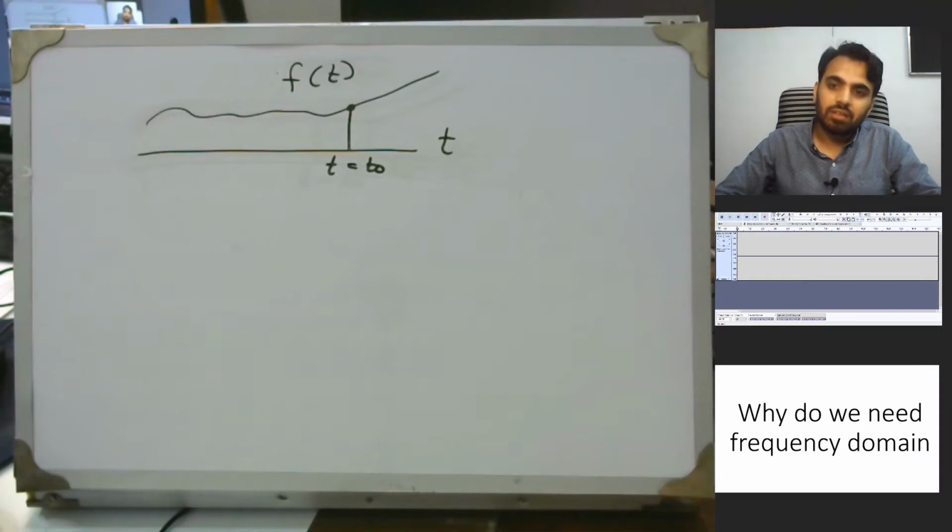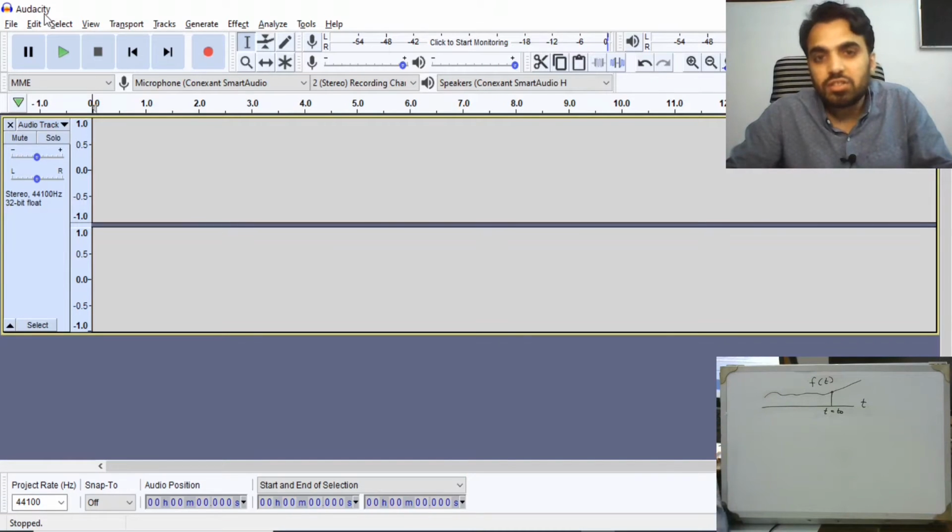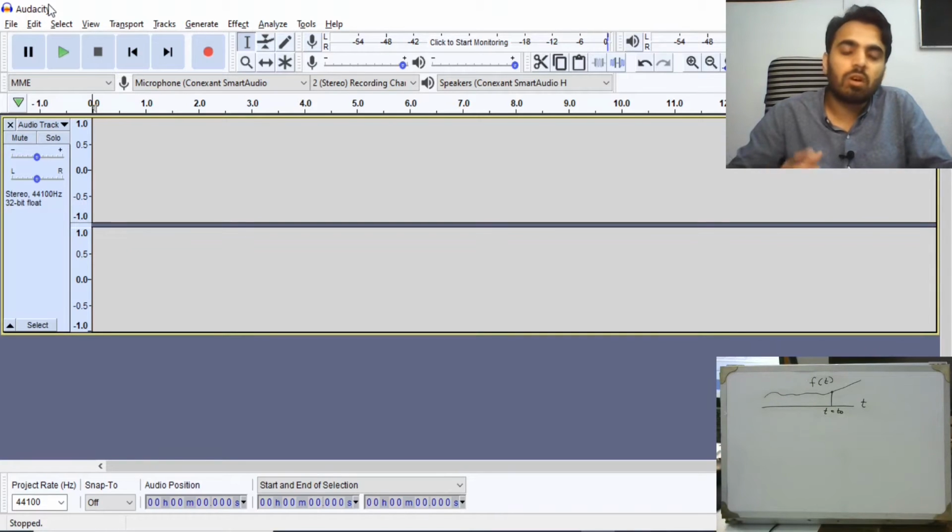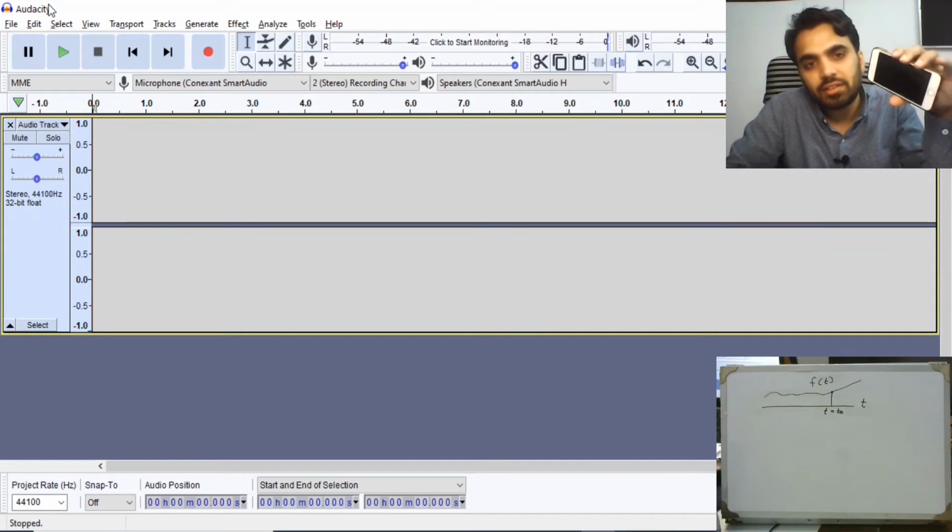To explain further, let us look into a freeware software Audacity to get a better grip of time series as well as the need for a frequency domain representation. In this demonstration, I'm going to use Audacity, and I'm going to record my voice and superimpose it with another external signal at 6 kilohertz.